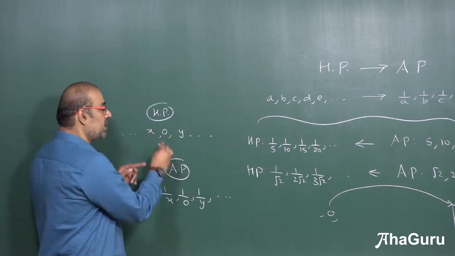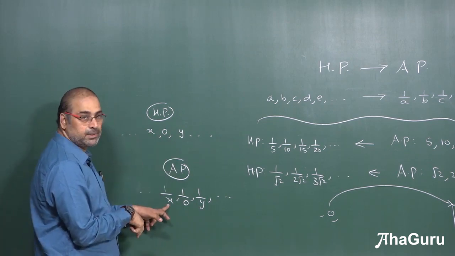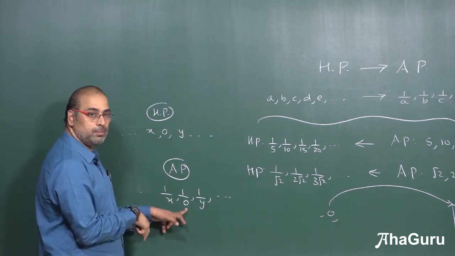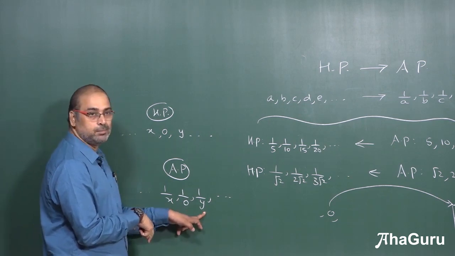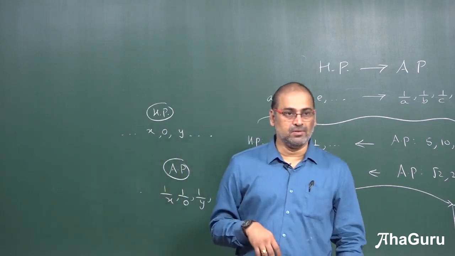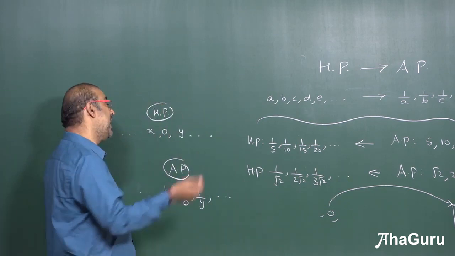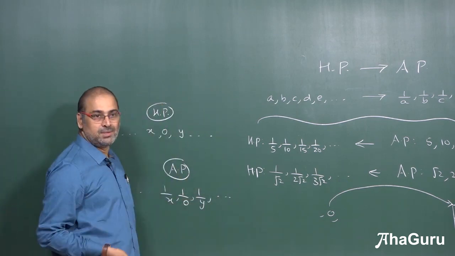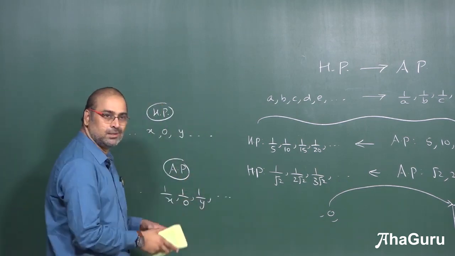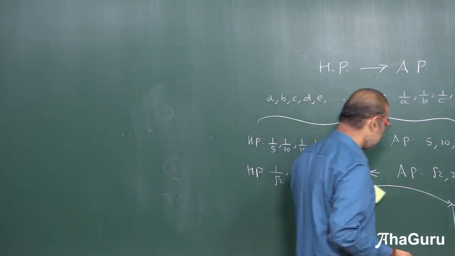So if x and y are numbers, then 1 by x will be a number, then a non-number, and then a number. That you can't have. First of all, you should have numbers and then a common difference. The second term is not a number at all, right? Therefore, if you have a 0 here, then you have trouble here, or you can see it conversely also. Therefore, HP will not contain 0.